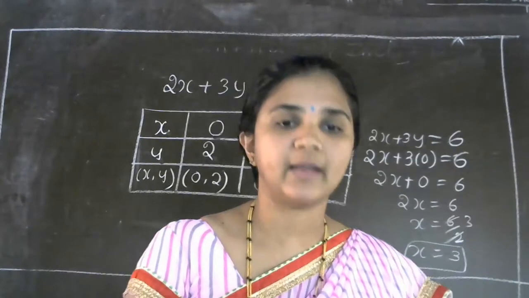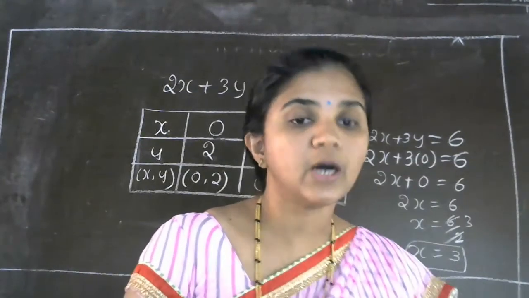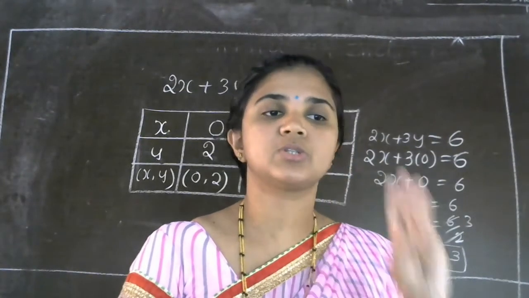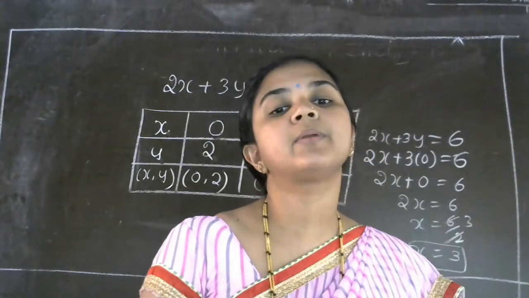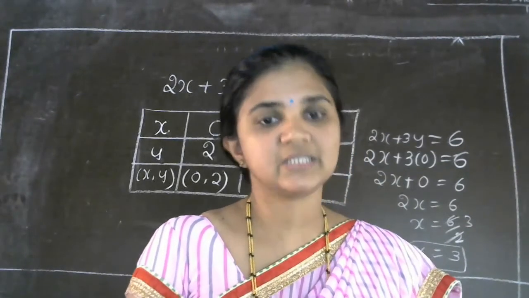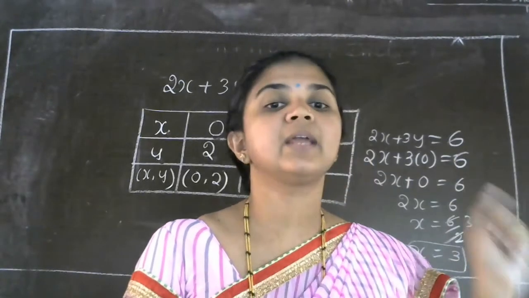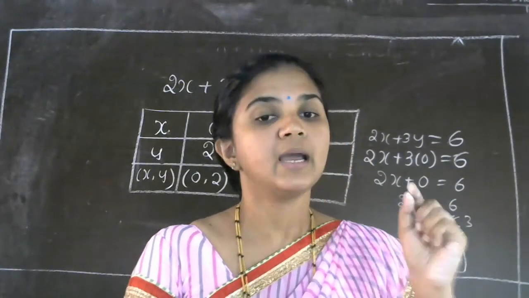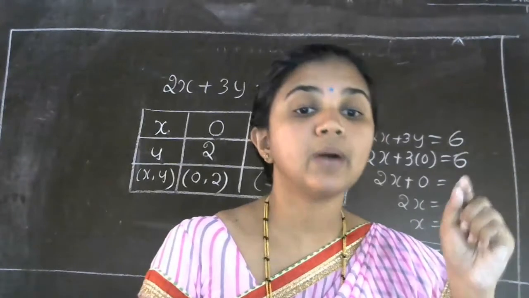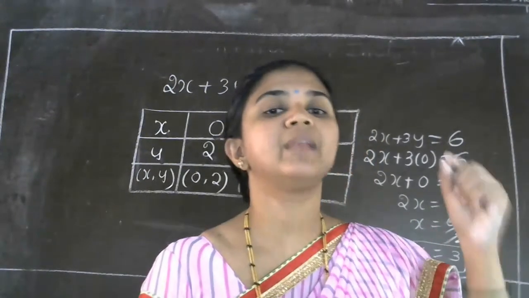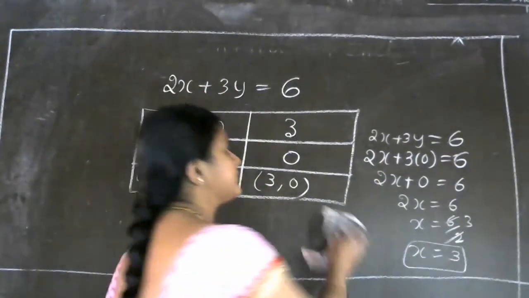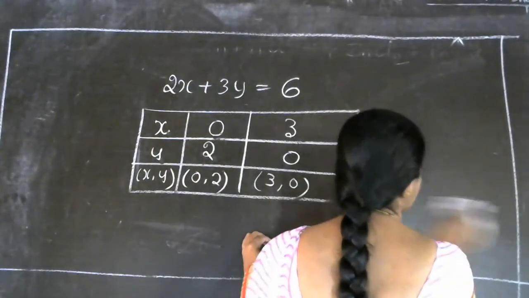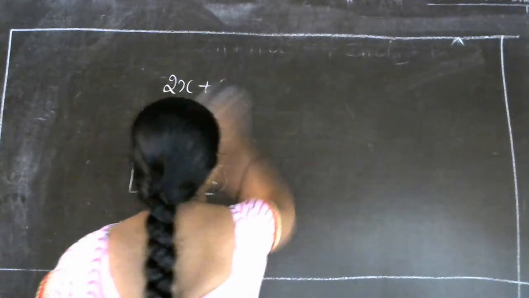Today I'll give 3 questions as homework. First write the linear equations, then find the solutions, then draw the graph of the equations. Then observe what type of lines you are getting. We'll get 3 types of situations, that you have to observe. That is your today's work.